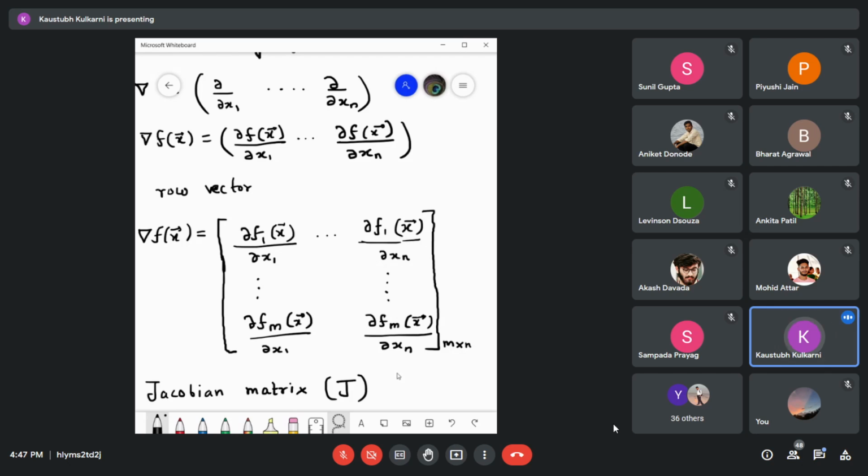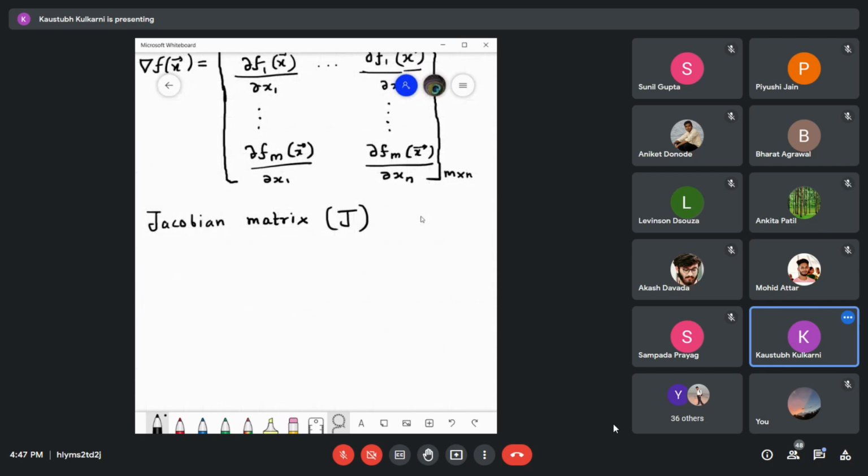Okay, so let's take an example. Instead of 2 by 2, let's take a function of two variables but three components. f is a multivariate vector valued function defined as follows.